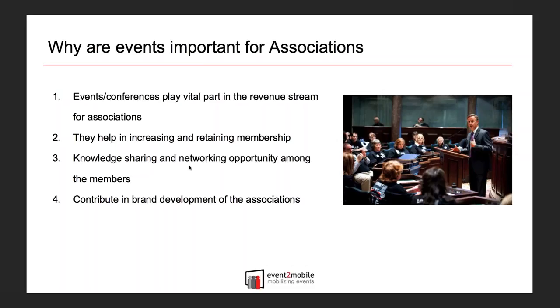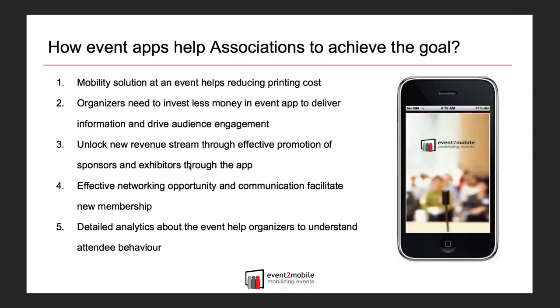So what a mobile app really does is it gives your association members that place to first of all see everybody who's attending the event. So it makes it a lot easier for them to network. It also establishes that basic confidence amongst your members that, hey, our association is progressive.